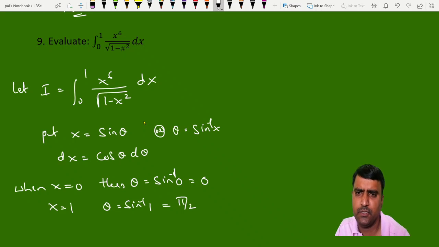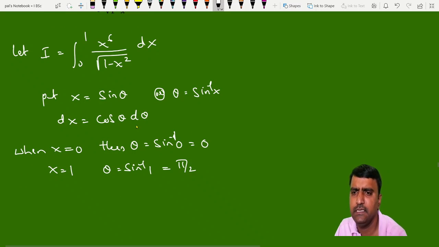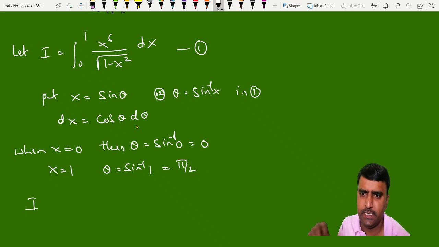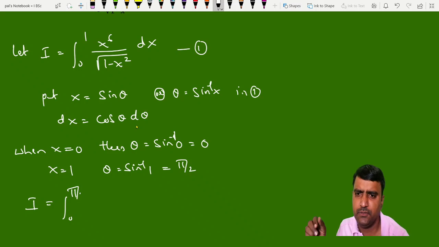So you substitute all these values here. So then I is equal to, take this is 1, put this in 1. Okay. So then I is equal to integration from 0 to pi by 2. This is because when x varies from 0 to 1, theta varies from 0 to pi by 2.